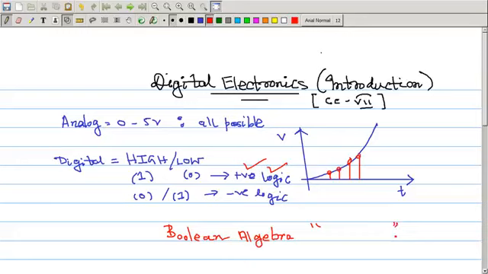He said that if human beings had only one finger instead of those 5, then people would have developed Boolean algebra, or the binary algebra, at an earlier period rather than the analog or the decimal counterpart of the algebra.